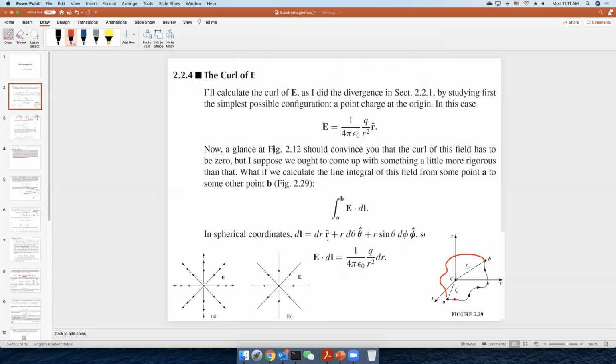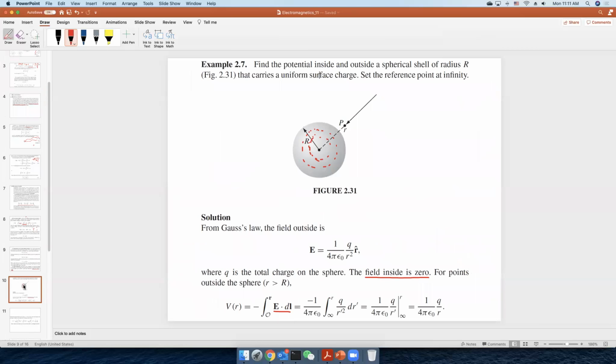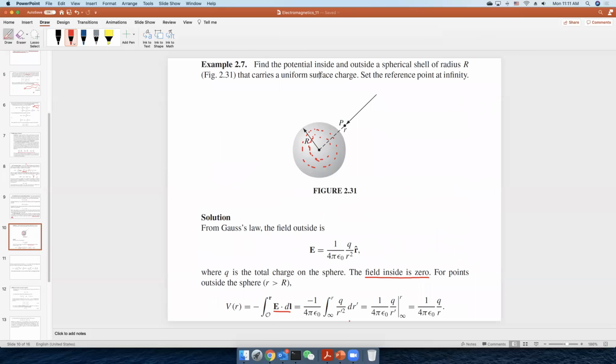So dl has components in the r direction, theta direction, and phi direction, but it's a dot product. The theta and phi directions give zero when you take the dot product with E, because E is only in the r direction. So E dot dl gives you this equation. It's a scalar. So here you get the same thing.